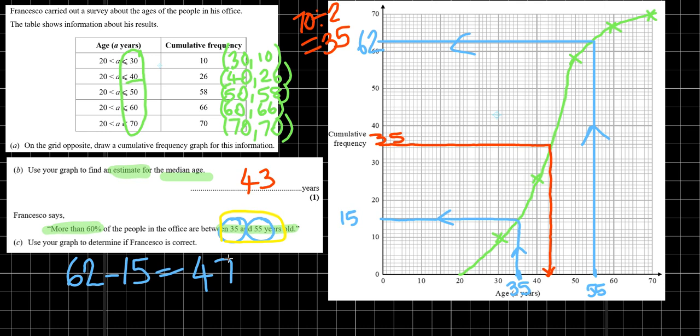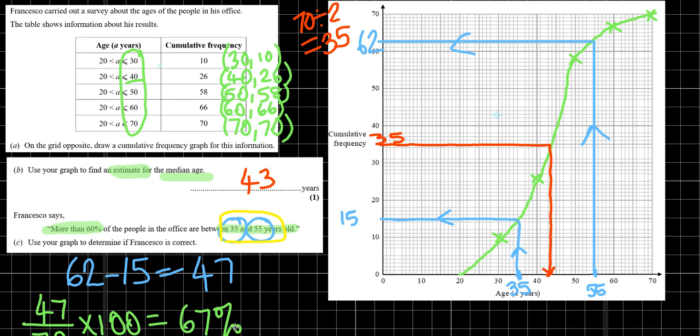So we've now got 47 people in that group, and if we're going to use the calculations to see what proportion that is, so 47 out of 70 times 100, we would have 67% are between 35 and 55.